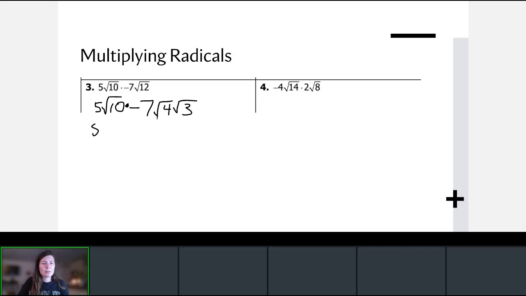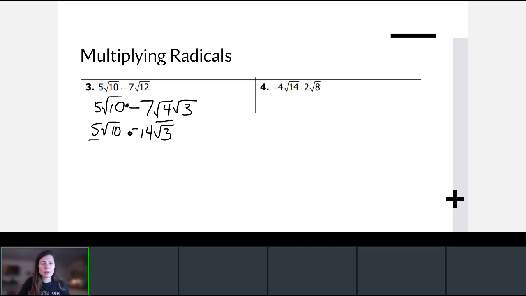Okay, so we have 5 root 10 times, then this square root of 4 here is a 2. So we have a -7 times a 2, -14, and we still have the root 3. So the problem I'm doing is 5 root 10 times -14 root 3.